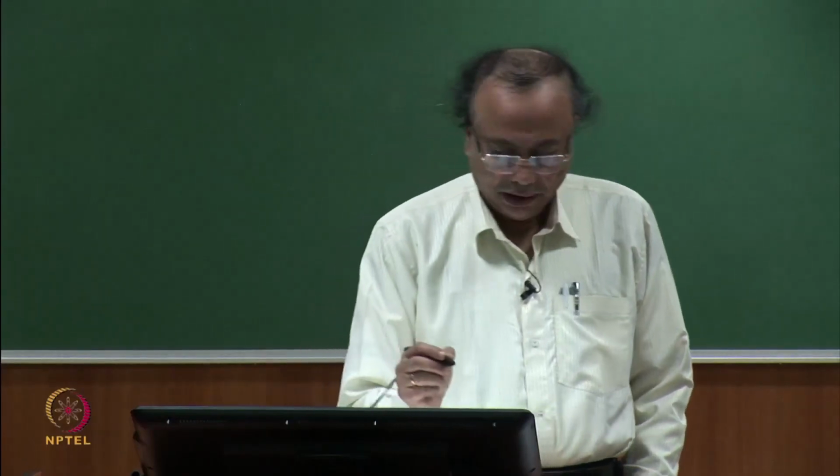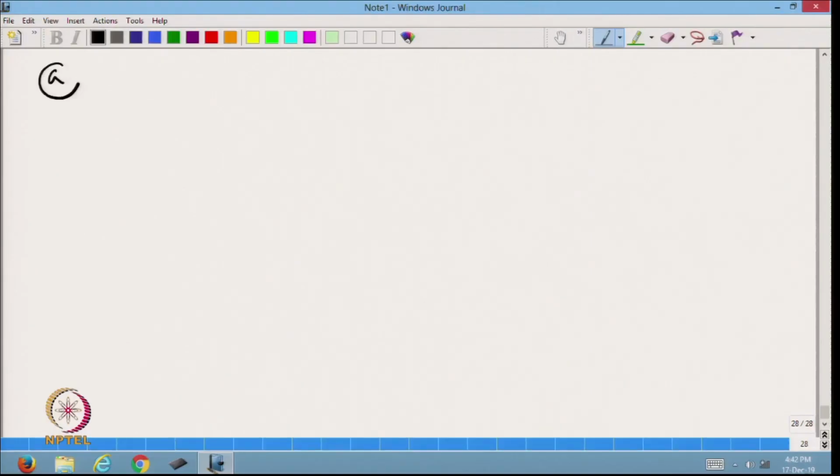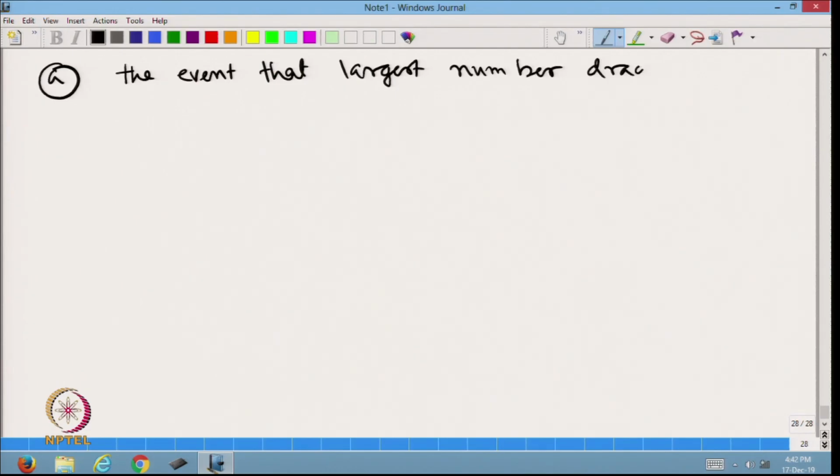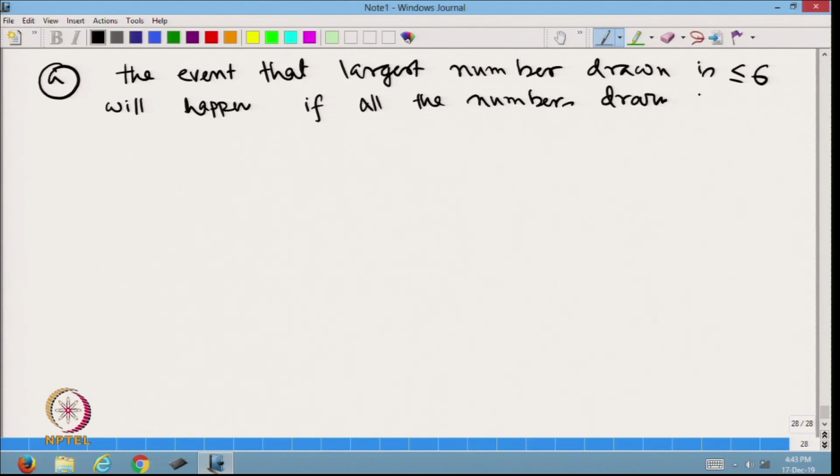Suppose we want to compute their probabilities. For A, the event that the largest number drawn is less than equal to 6 will happen if all the numbers drawn are less than equal to 6.